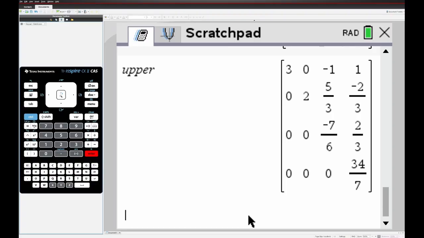That's the upper. Which is really hideous.